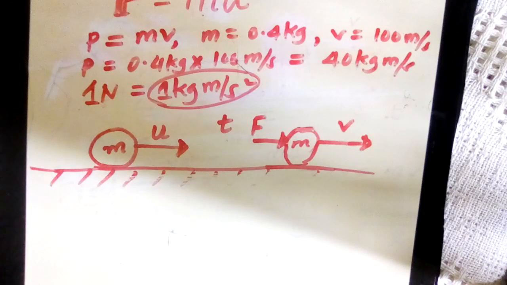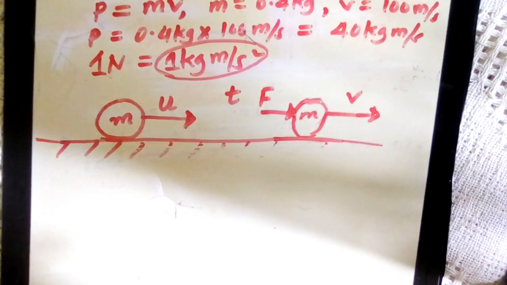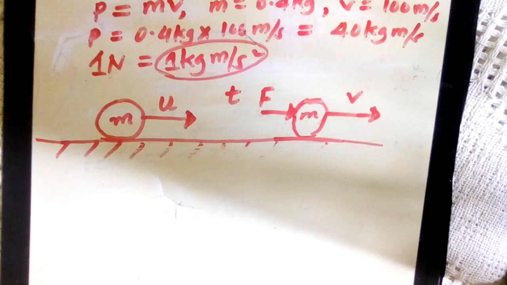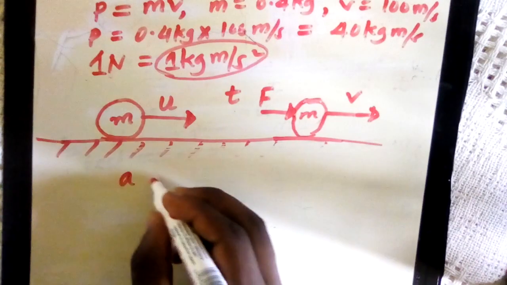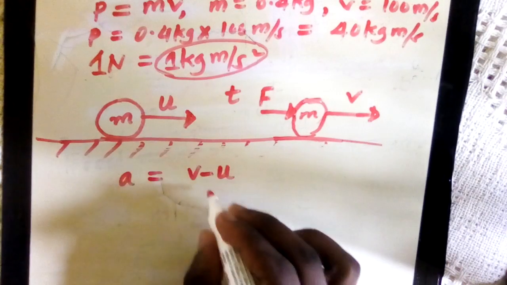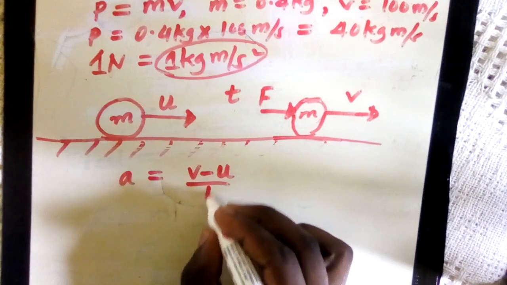What does the force cause the body to do? It accelerates. So basically the acceleration produced when a force F is applied to this mass is given by the final velocity minus the initial velocity divided by time.